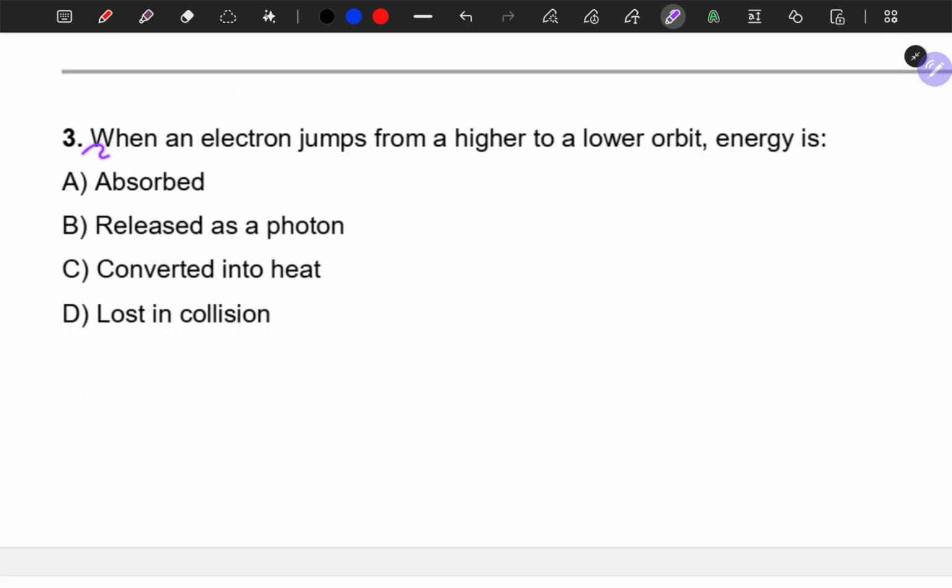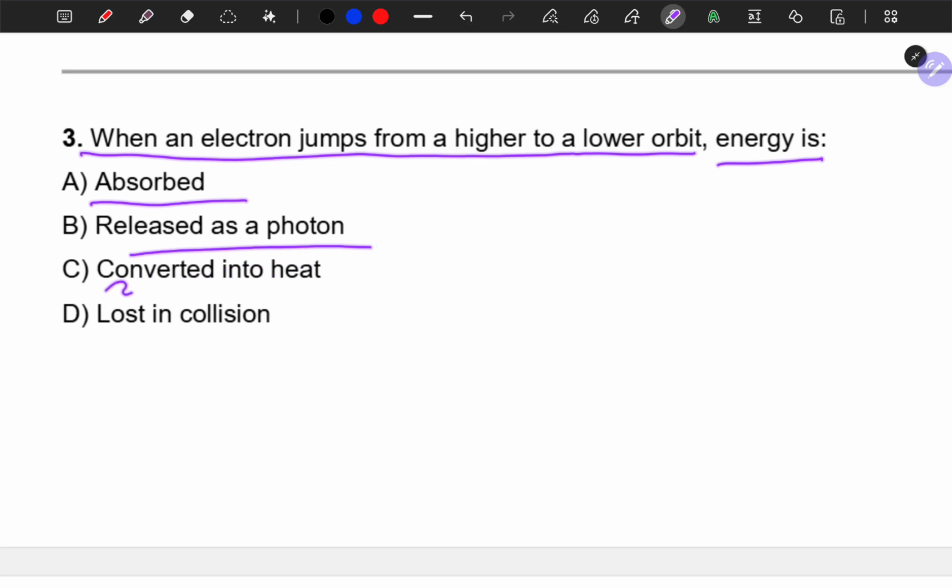The next question is: when an electron jumps from a higher to lower orbit, is energy absorbed, released as a photon, converted into heat, or lost in collision?